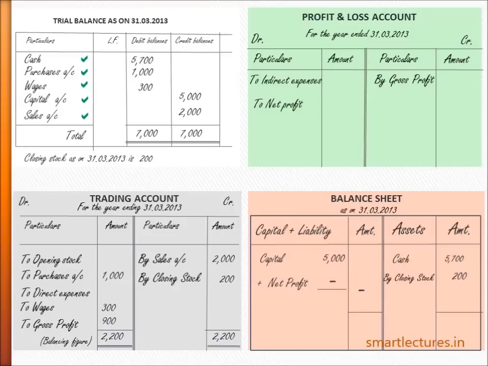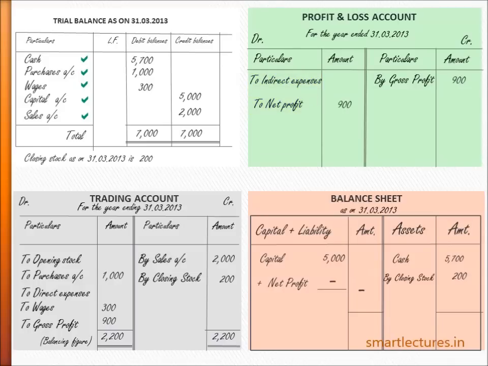Now start profit and loss account for the year ended 31st March 2013. By gross profit 900. You know, gross profit is always transferred to the credit of profit and loss account. And on debit side to indirect expenses, nothing. Then what will be the net profit?